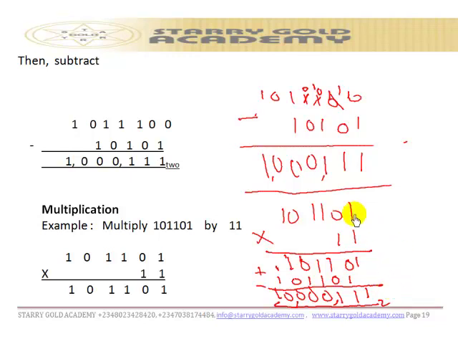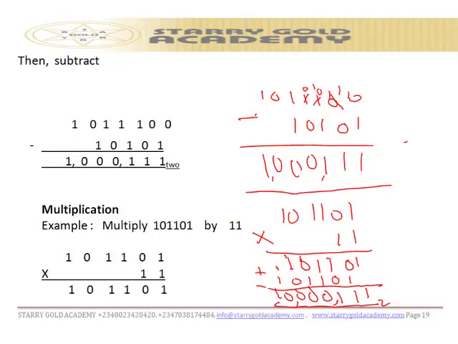You don't have much challenge. And if you think this is giving you problems, you can convert the first number to base 10, convert 11 also to base 10, then multiply, and then convert your final answer to base 2.